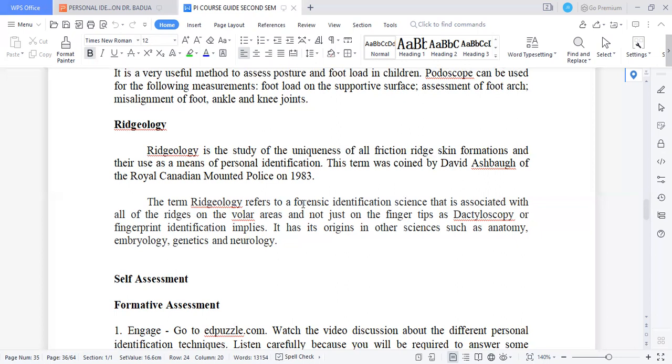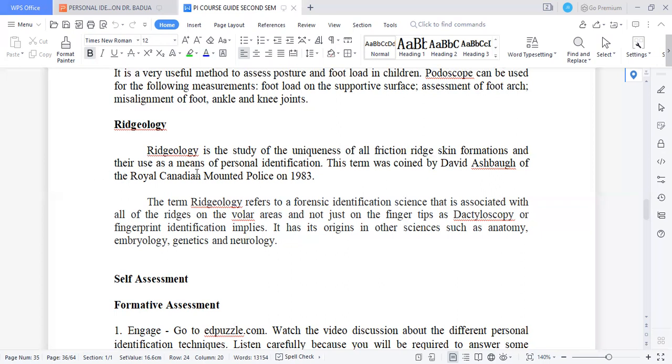So they will let another expert repeat the process to determine if the findings of the first examiner are consistent with the second examiner. So that is how radiology is applied using the ACE-V methodology: analysis, comparison, evaluation, and verification. So these are the different PI techniques.